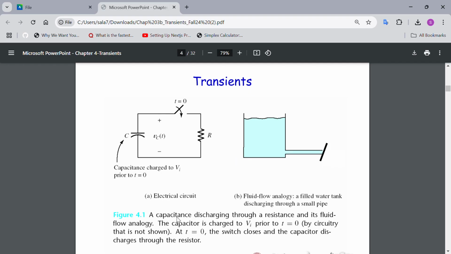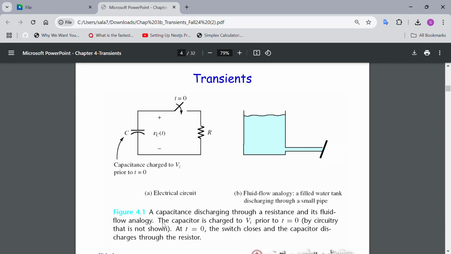the fluid flow analogy. A capacitor is discharging through a resistance, like a fluid flow. The capacitor is charged to V0 prior to t equals 0, so the capacitor is already charged before the switch is closed. At t equals 0, the switch closes and the capacitor discharges through the resistor. It's like opening the gate for the water to flow.